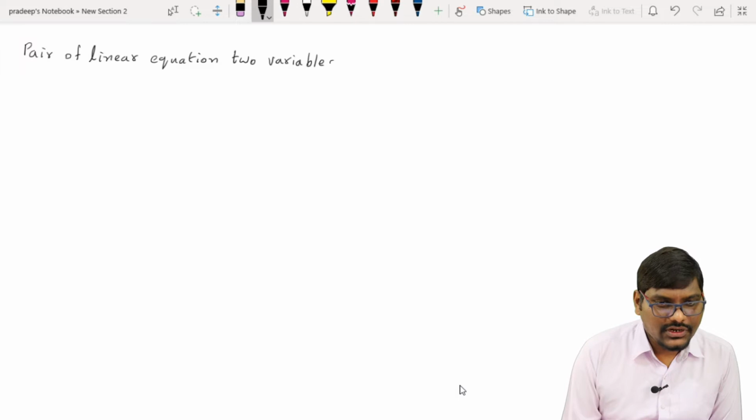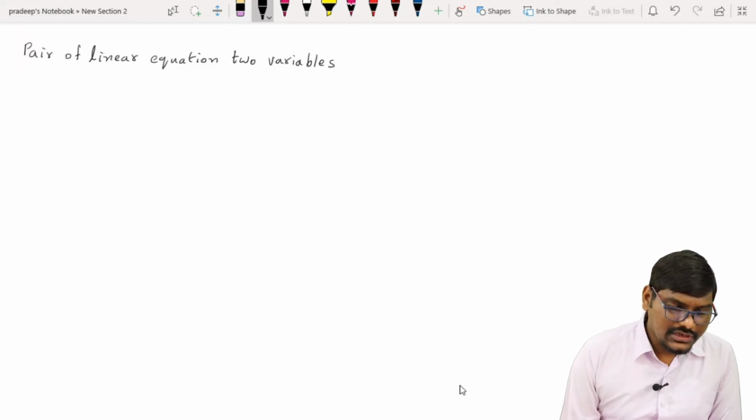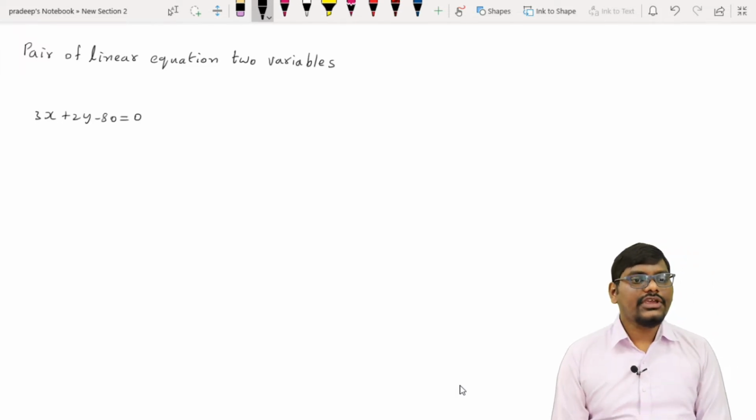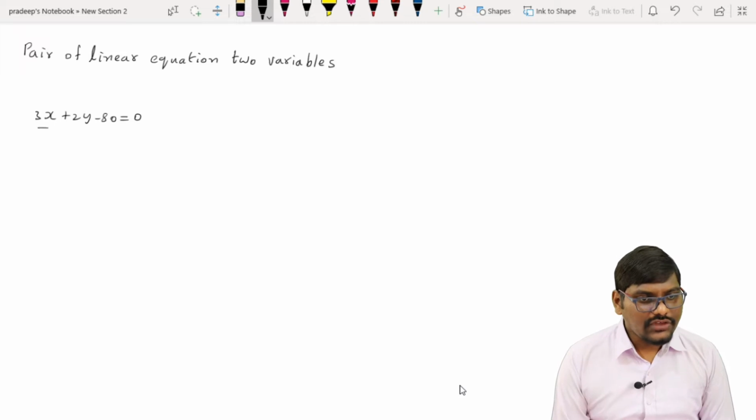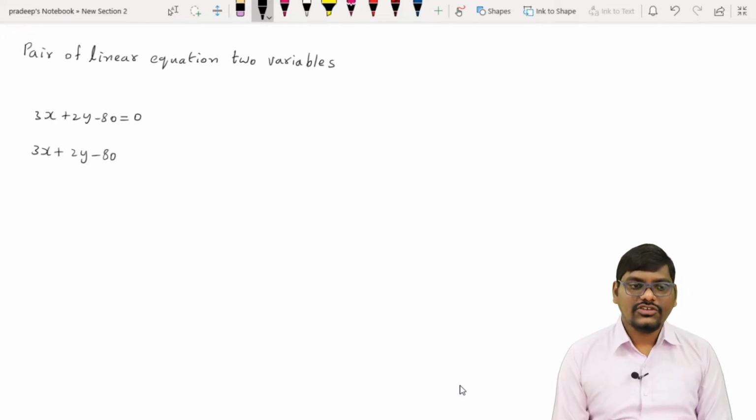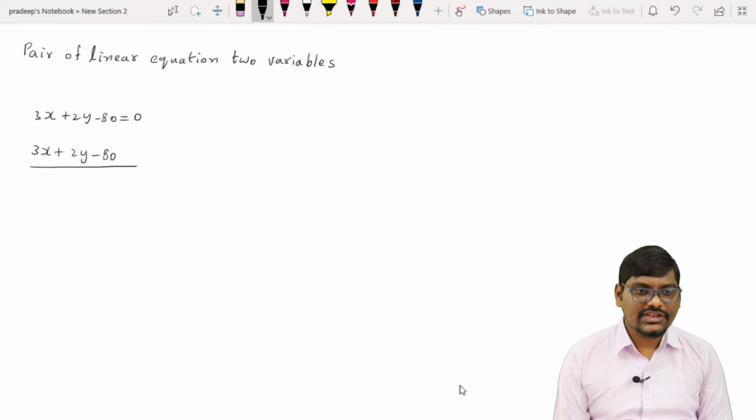So let me take an example here for understanding. I'll take 3x plus 2y minus 80 equal to 0. Before going for this one, I'll just take 3x plus 2y minus 80.